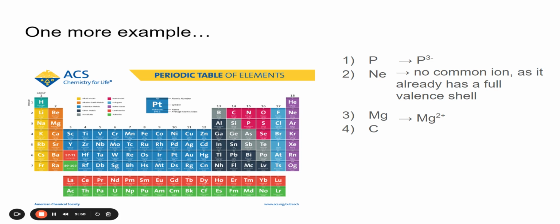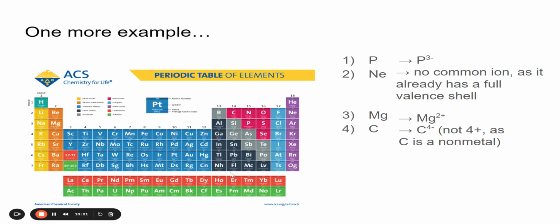We'll talk about why carbon doesn't normally form ions when we get to bonding later on, but if it were to form an ion, because carbon is also a nonmetal, you'll notice that nonmetals have anions, and metals have cations as a general rule. And so carbon would actually be -4 because it's a nonmetal.